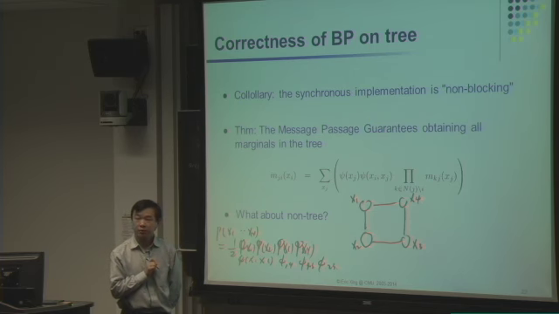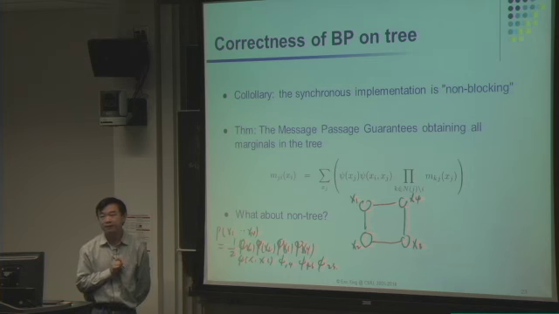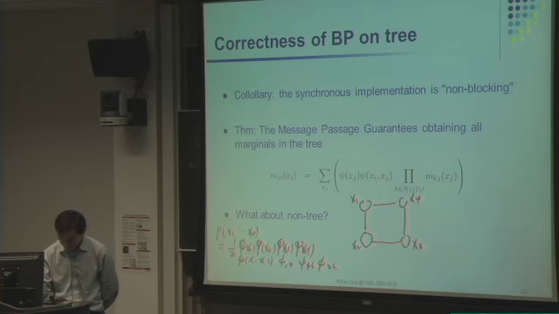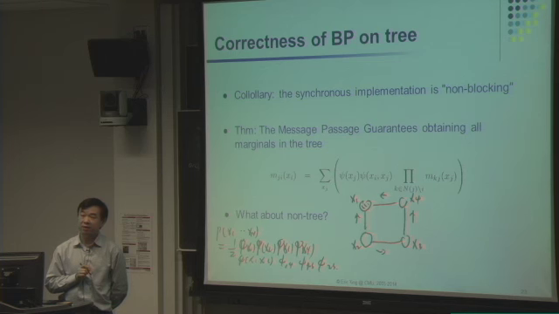And now you can also do message passing, right? Let's say I want to do inference on this one, and the message passing will be this one way of message passing.